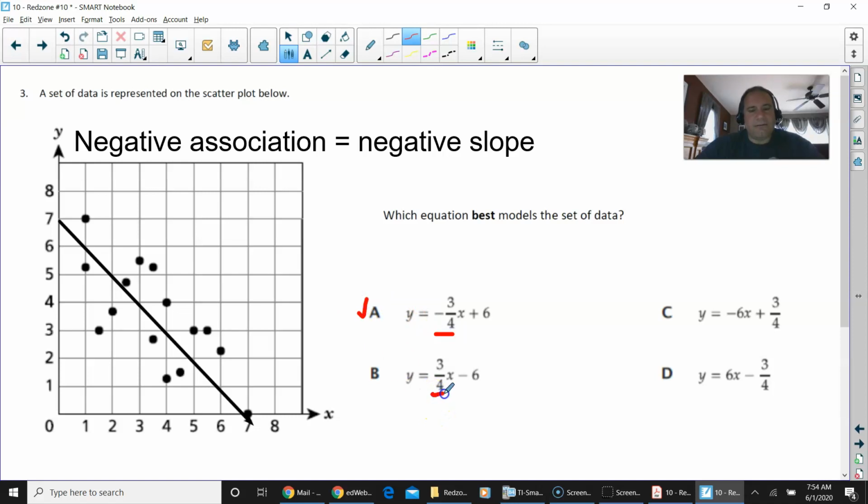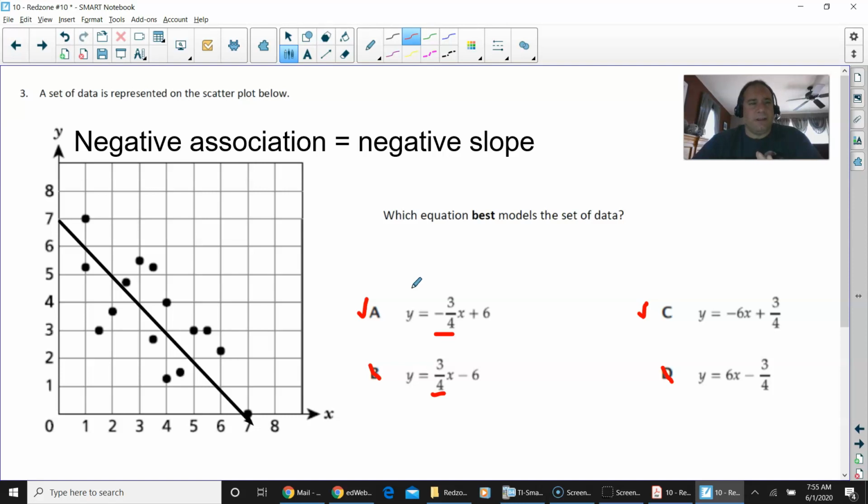See this positive slope? Can't be a positive slope going down from left to right. And right here, negative slope could be one of your answers. Right here, positive slope out. So take a look at A and C, and what's the next easiest thing to identify? The easiest thing to identify for me has always been the y-intercept, right?